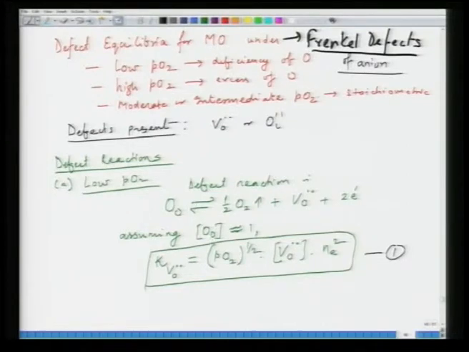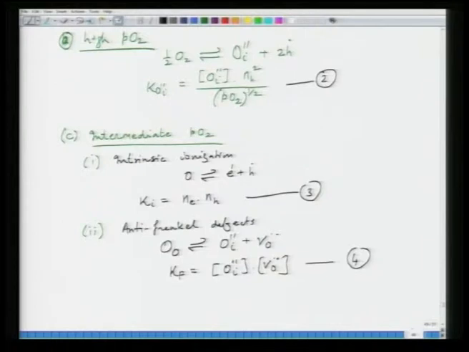So now we write the defect reactions. For low PO2, it is a familiar defect reaction, where oxygen goes out of the system, giving rise to oxygen vacancy, and then we worked out the equilibrium constant for this reaction. Then we looked at the high PO2 case, similarly forming oxygen interstitials, and then we looked at the conditions for intermediate PO2.